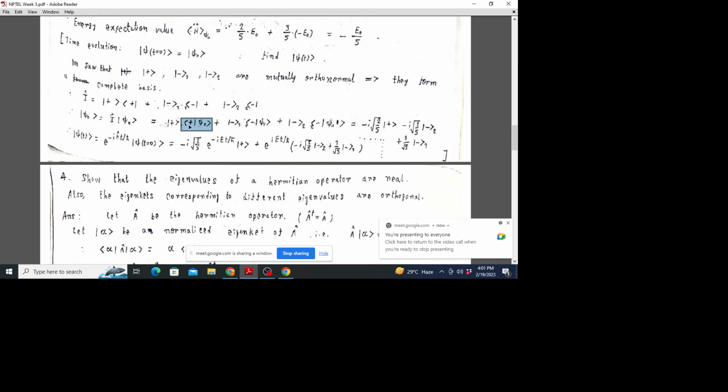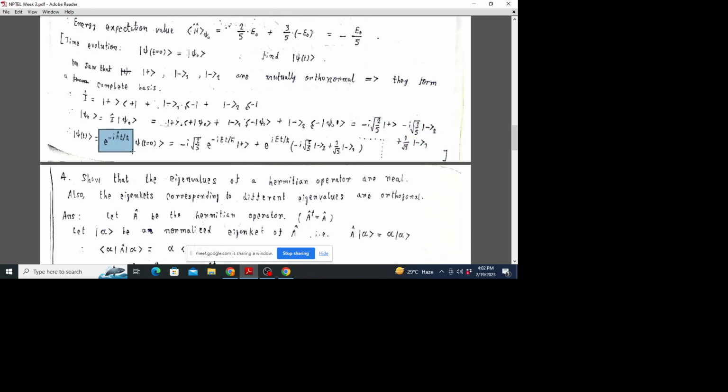Then we can easily find these three inner products. We have calculated plus and psi naught, and you can easily calculate this inner product and also this inner product. Calculate this and you will see that this is the resolution of psi naught in terms of the energy eigenstates. Now it is easy to act with this evolution operator.